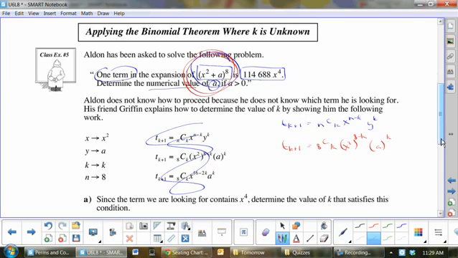Okay. Now, we can do a little bit of simplifying here because this is power to power. So this is T(k+1) equals 8Ck, and then x to the 16 minus 2k, a to the k.